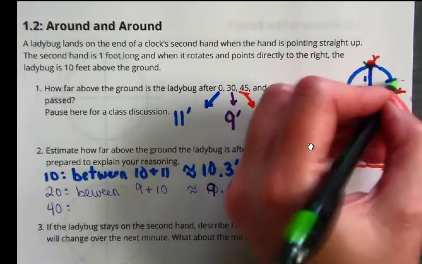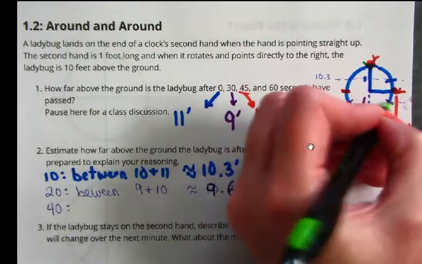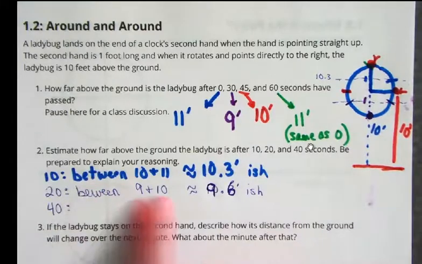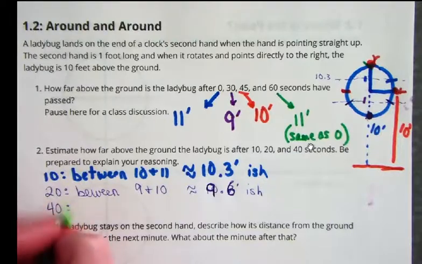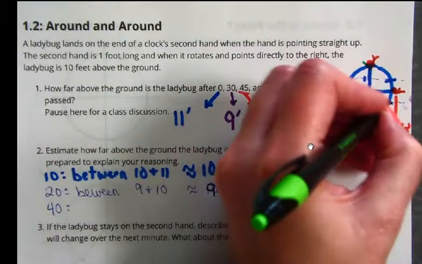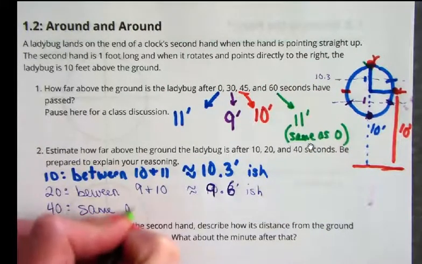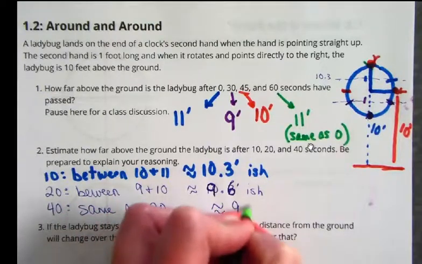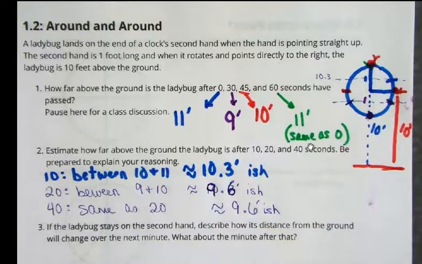Because it makes sense up here, if we're talking about this being about 10.3 feet, this would have to be below 10. I was still thinking between 10 and 11, but we saw it was between 9 and 10. Look at that. Even teachers make mistakes. So at 40 seconds, it's actually going to be about the same height here as 20 seconds. So probably somewhere between 9 and 10 and closer to 10. So I might say 9.6-ish.